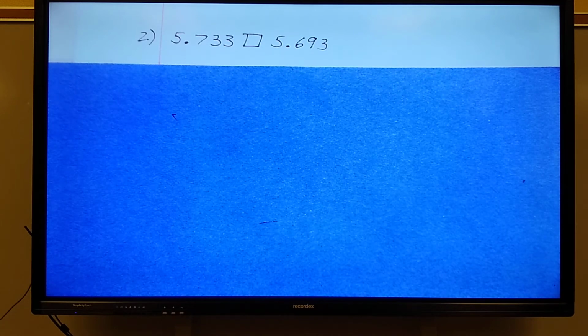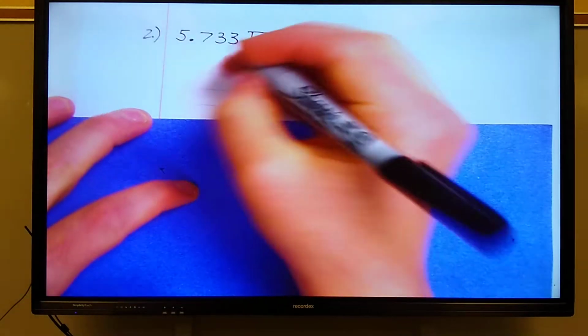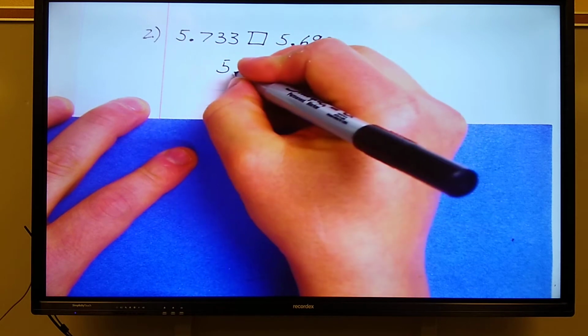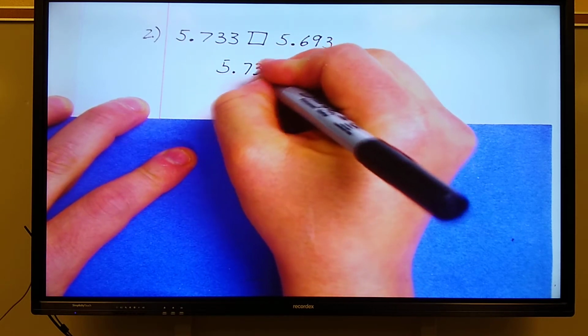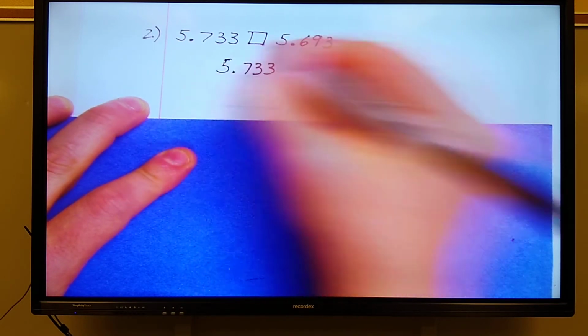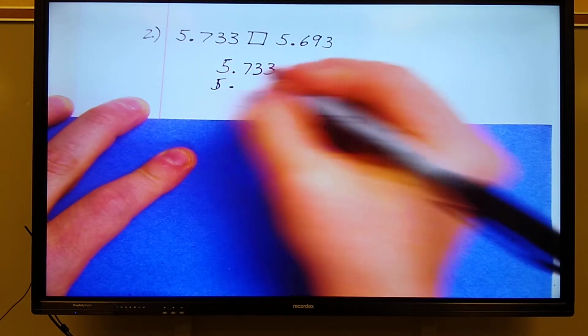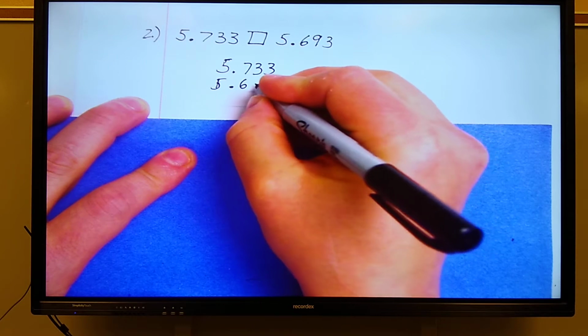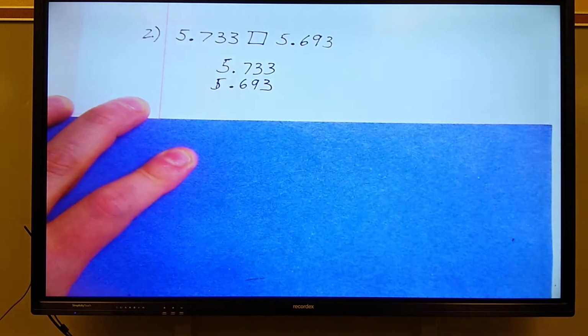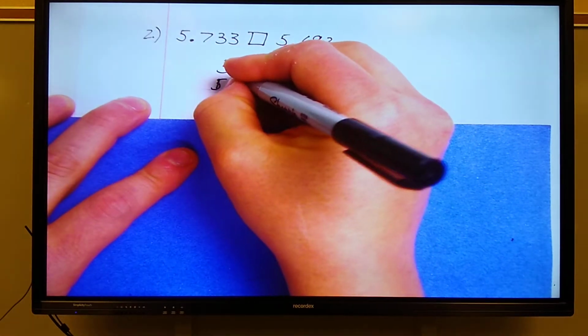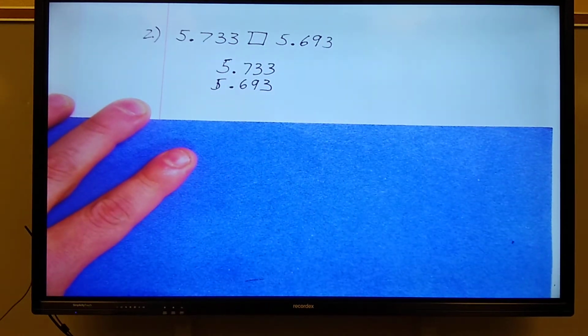Step number one. Write down the first number. Then line up the other one underneath. Make sure the decimals are stacked on top of each other. That will make all the places.